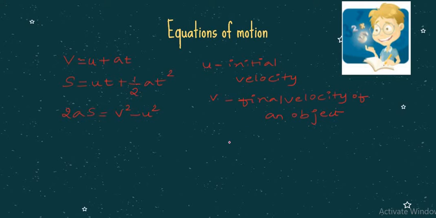And t will be the time taken to cover that much distance, and s is the distance, or we'll call that displacement also. Next, what does a represent? a represents the acceleration term.